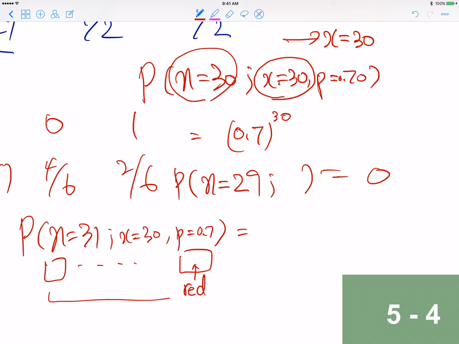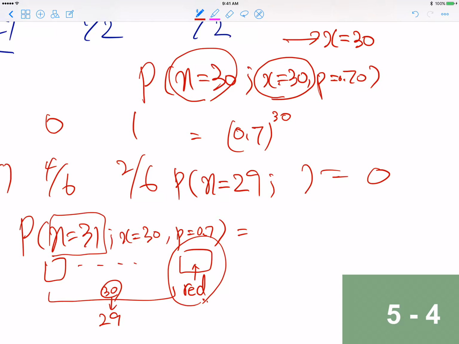And previously, in the first 30 trials, we have to sample 29 red balls, because at the last position we have to sample this red ball, since that satisfies the condition of n being 31.